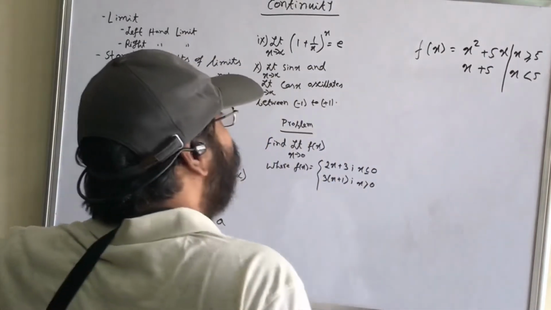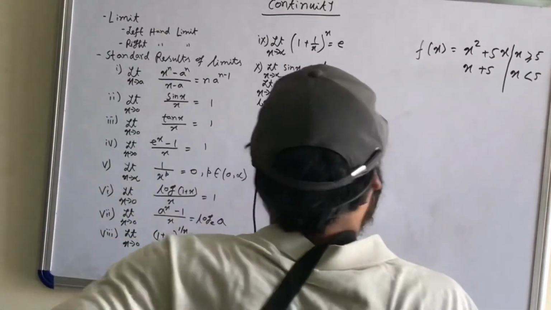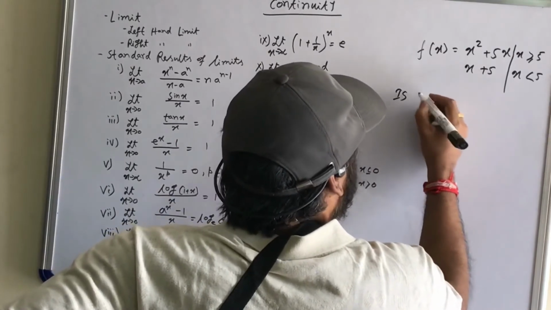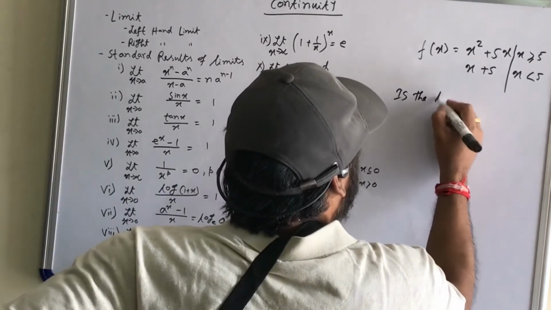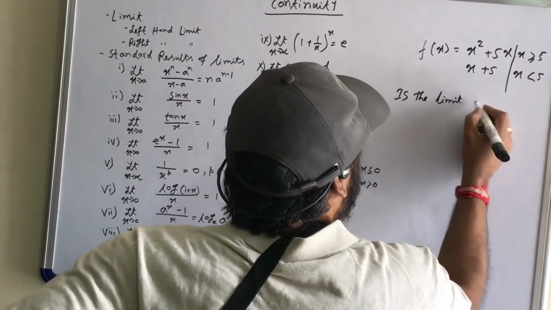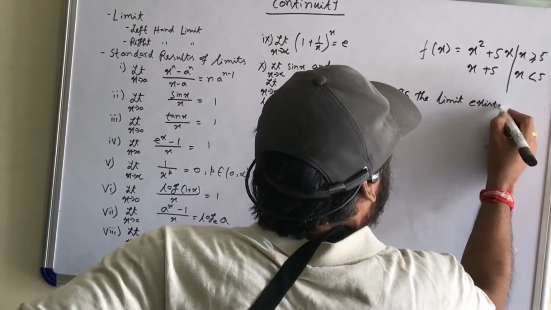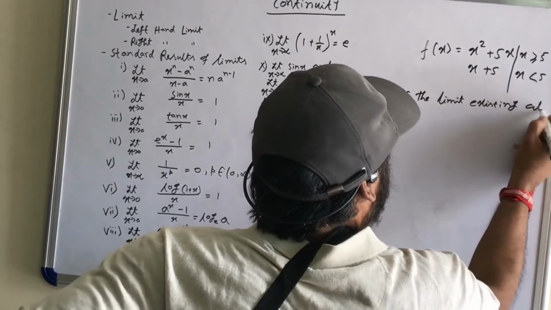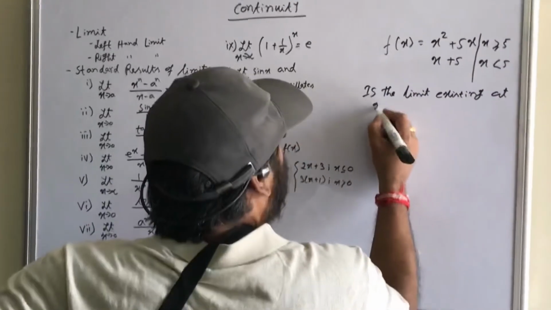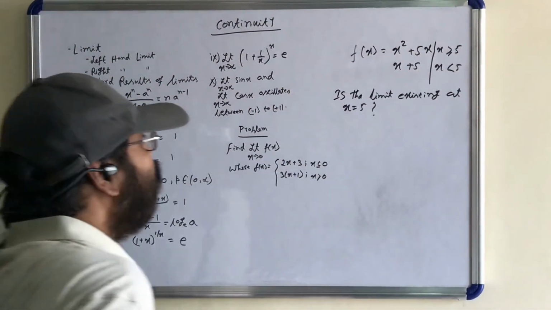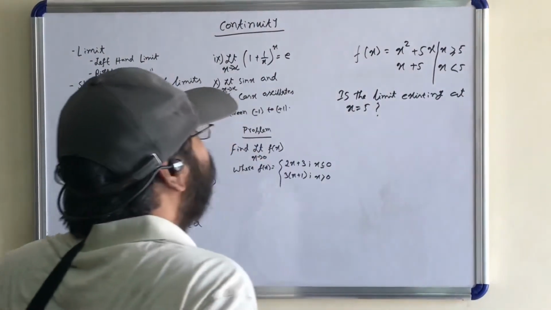If f(x) is this, does the limit exist at x equal to 5? Is the limit existing at x equal to 5?